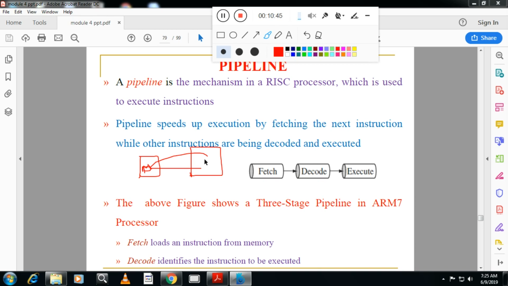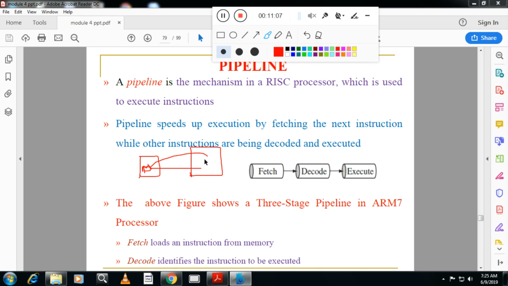Otherwise, all the instructions are executed in registers. That's why it can make use of pipelining properly. So we can say the 3-stage pipeline of ARM is equivalent to the 6-stage pipeline of Intel.